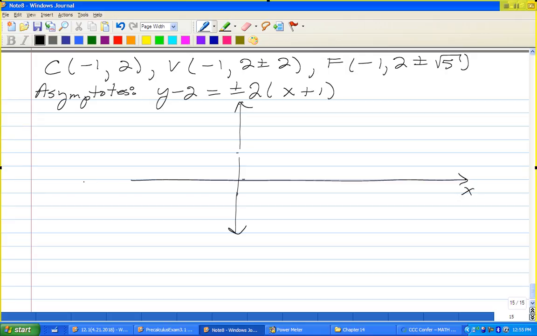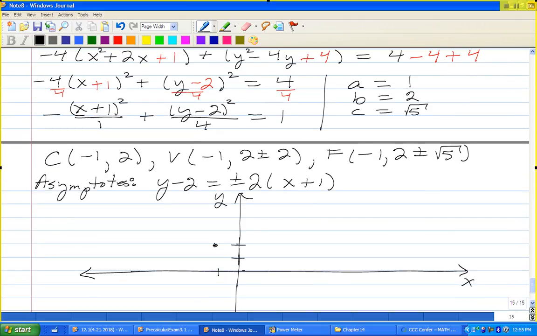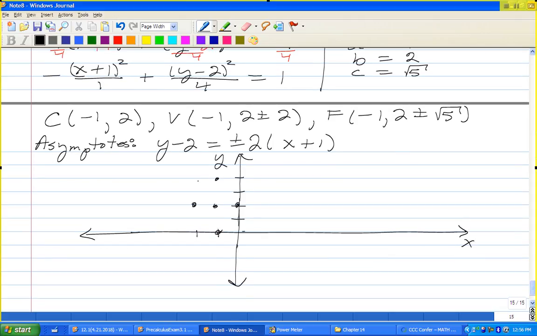Okay. So the center is at negative 1, 2. I go 1 in the x, 2 in the y. Draw my bounding rectangle. Draw my diagonals.